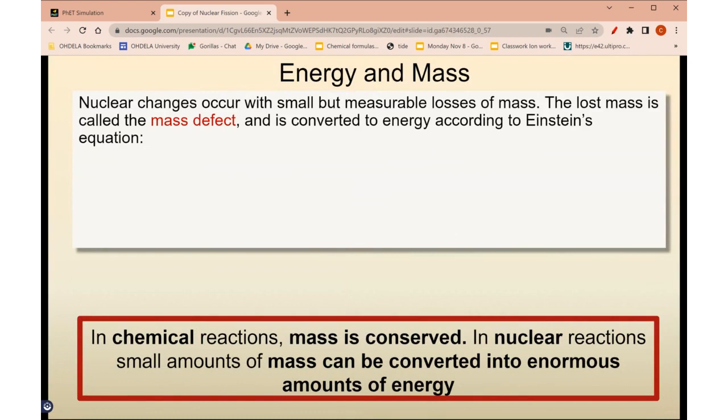So nuclear changes occur with small but measurable losses of mass, like a neutron or a proton and a neutron. The lost mass is called the mass defect, and it is converted to energy according to Einstein's equation, E equals mc squared, where the triangle means delta, or change in.